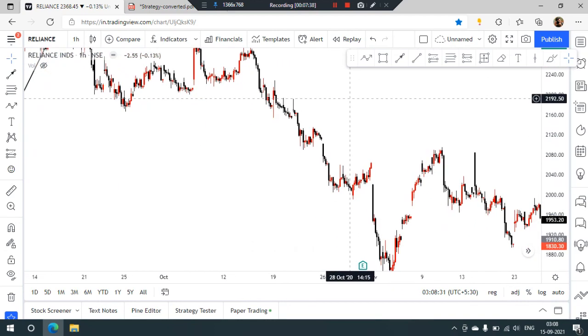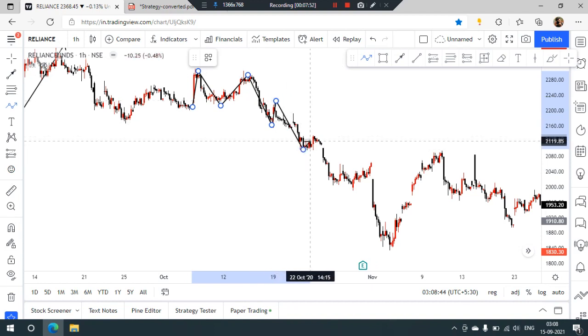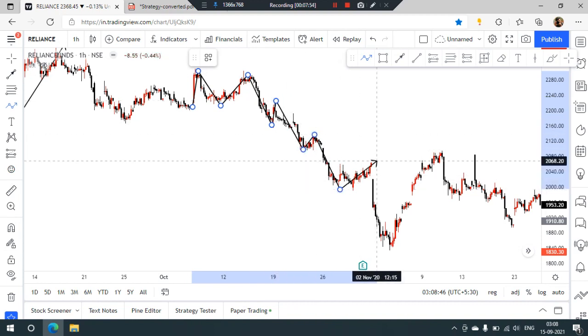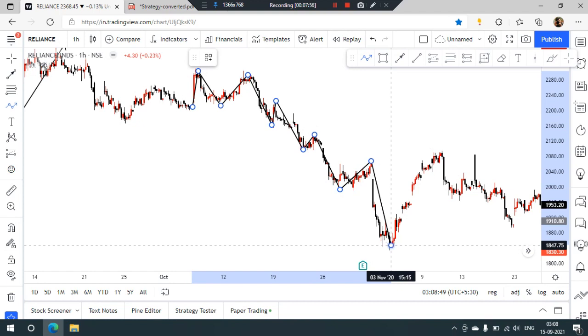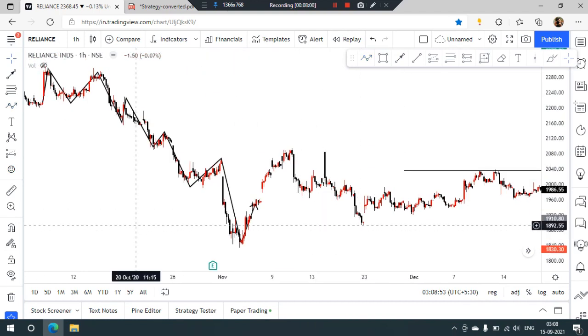Here you can see that we have a downtrend. First we formed a sideways market and then a downtrend: lower highs and lower lows, lower highs and lower lows. So similarly you can identify the trend of a market.